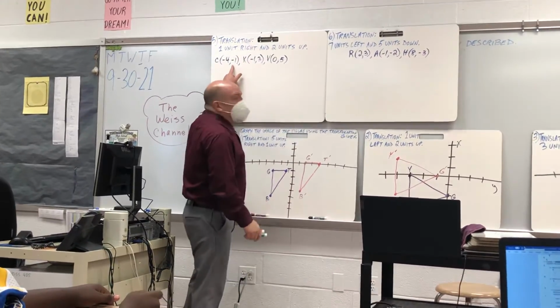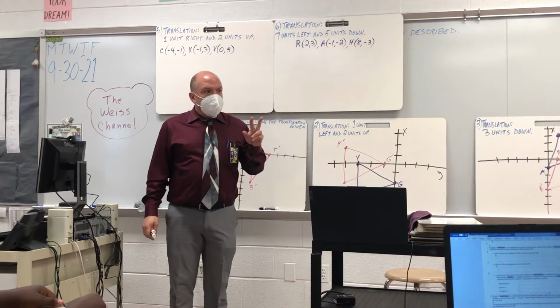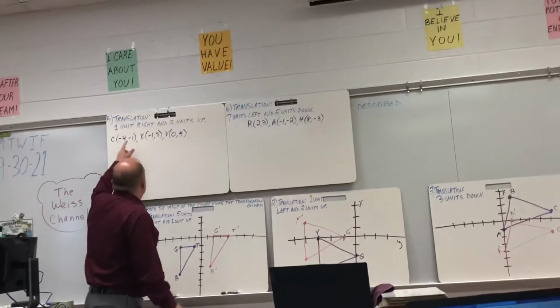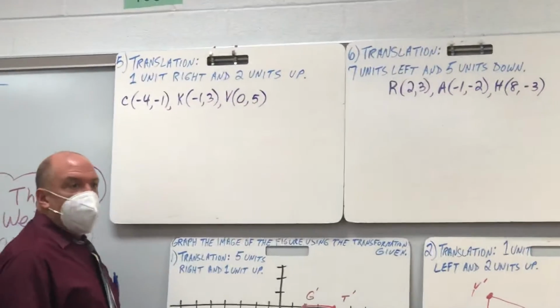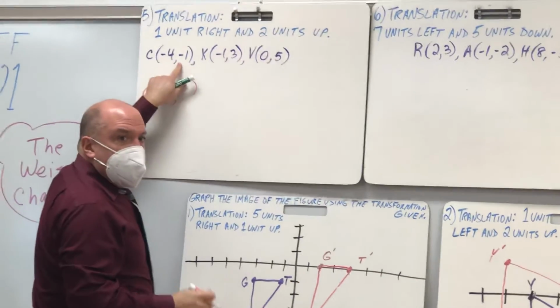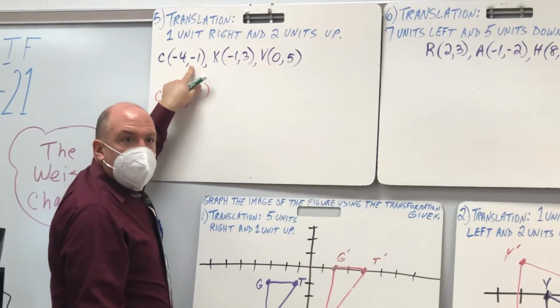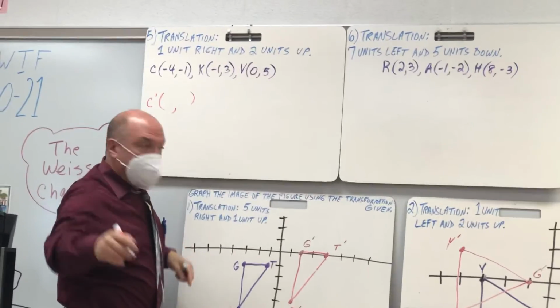Does everyone agree that the y is the second number of the two numbers? Right? It's always x, y, right? So if I'm moving 1 unit right, C prime from -1, what's 1 unit to the right? 0, right?